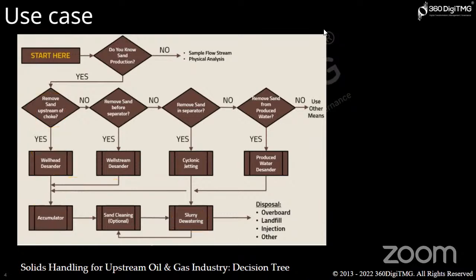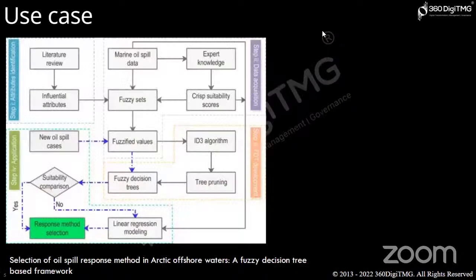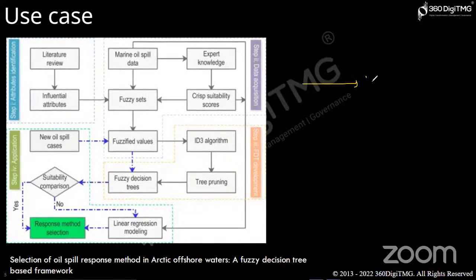So in the same way, we can use the decision tree framework for explaining the oil spill. When we discuss the logistics, oil will be transported in different ships.